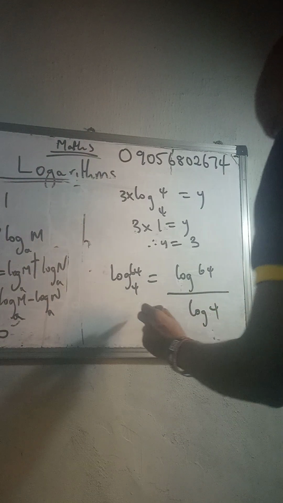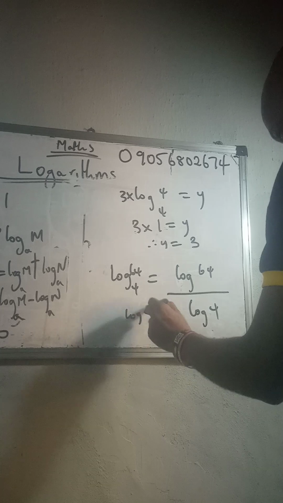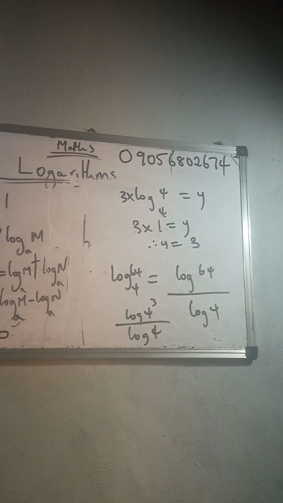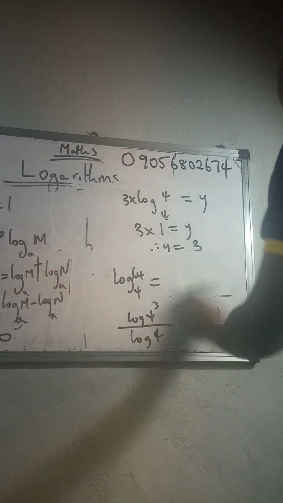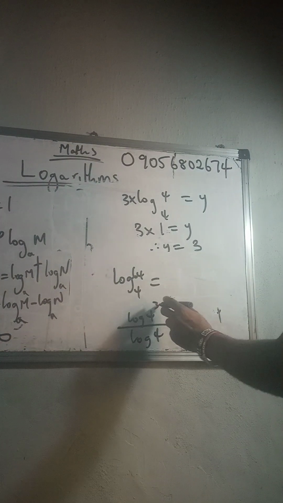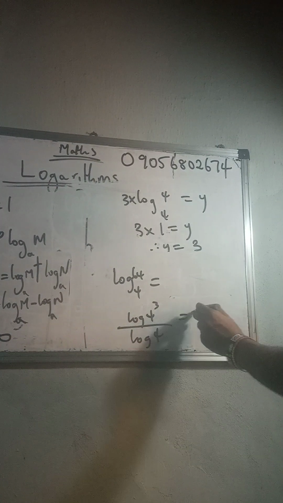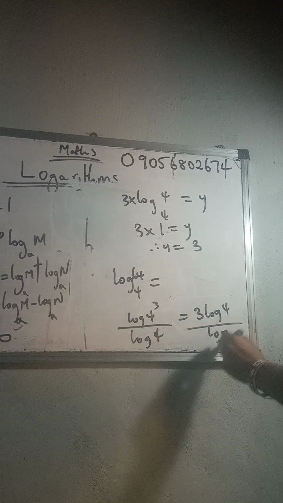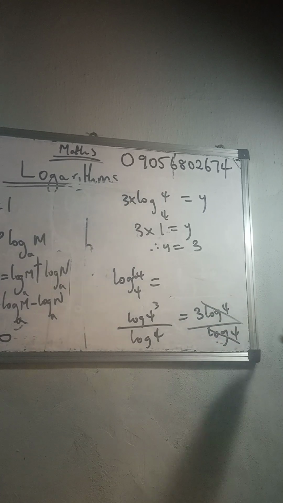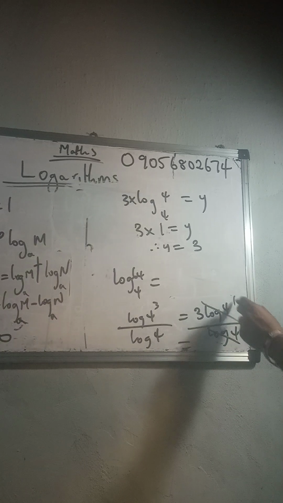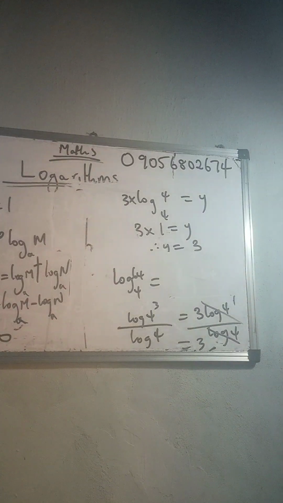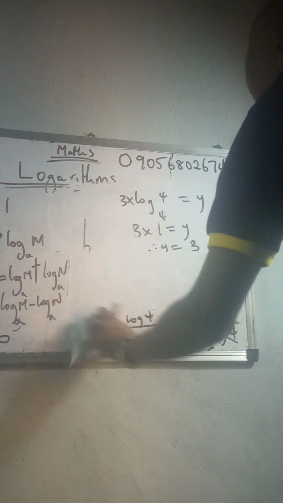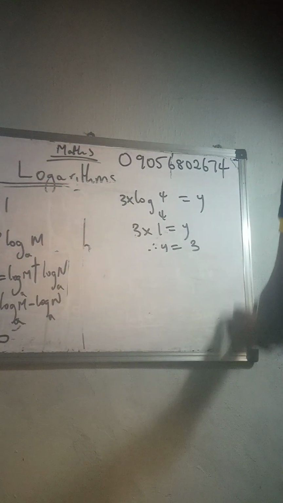Log 64 is log 4 raised to power 3, over log 4. Please take note of that. The 3 can go to the back, like I said, so that will be 3 log 4 over log 4. This log 4 will cancel log 4, that is 1, and 1 times 3 is still 3. So any method you prefer, you can use to get the answer. The answer will be the same.